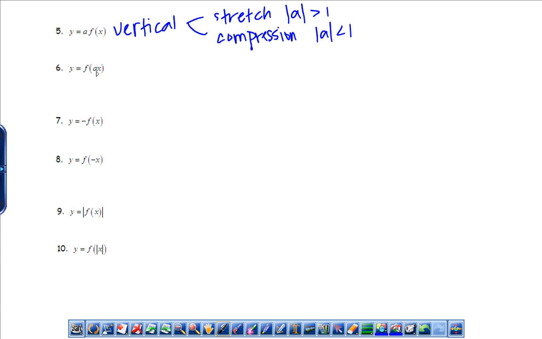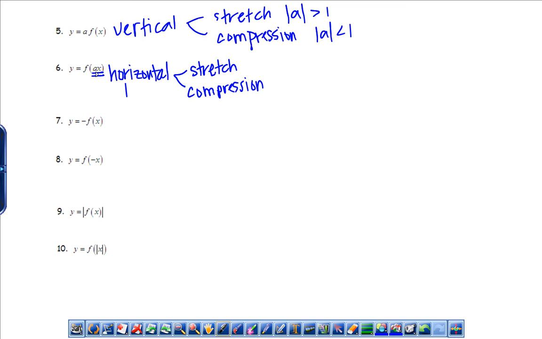When you do a times x, this is where it's a little bit confusing. A is inside the parentheses. It's still going to be like above. This is horizontal. And you still have a stretch or a compression, or you can call your compression a shrink.